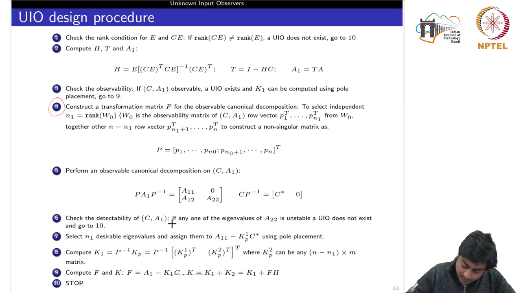So checking the detectability, if the A22 is unstable, then again the UIO does not exist and we can stop the algorithm. So depending on how many states are observable, we can assign the desired eigenvalues, and the rest would stay as it is. So again we can compute these F and K matrices, which would finally yield us the unknown input observer. Okay.